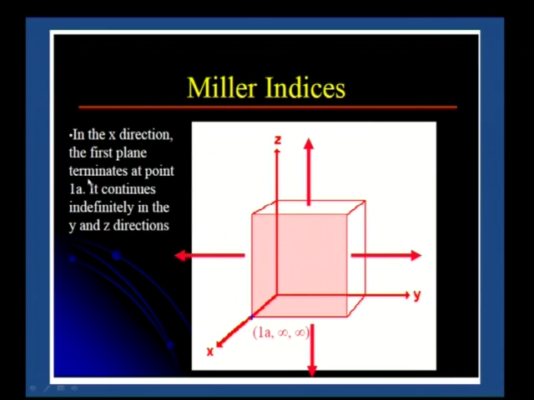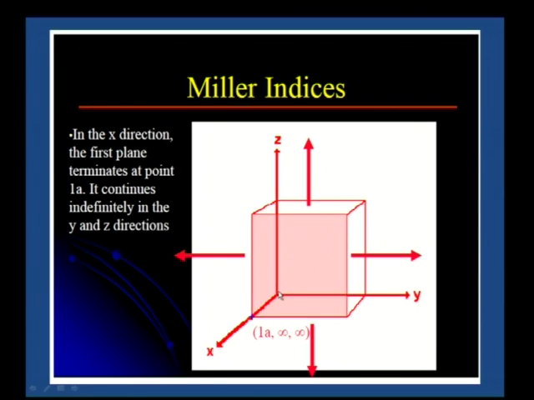The first plane terminates at point 1a, right, it crosses here at 1 times a, and it continues indefinitely in the y and z directions. Now, you know it cuts only along the x direction, it does not cut along the y and z directions. Okay. This is a plane that I am talking about, it cuts at 1 times a, it does not make an intersection along the y and z directions.